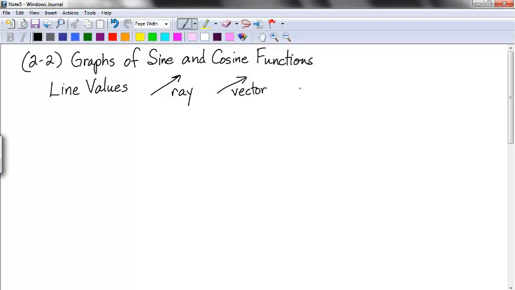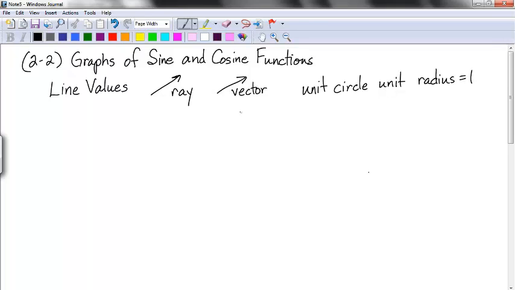The critical part about this is that we are going to be in a unit circle. Anytime you see a unit circle, that means your radius is equal to 1. It might be 1 inch, might be 1 centimeter, 1 foot, 1 mile, but it's equal to 1.